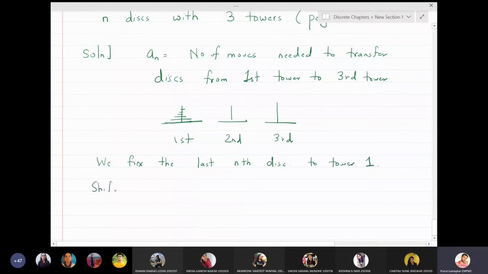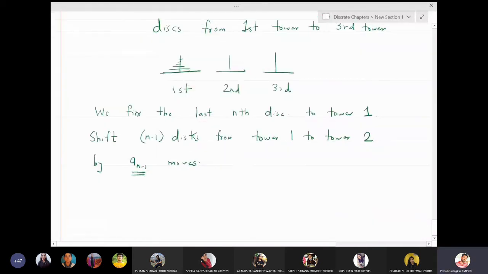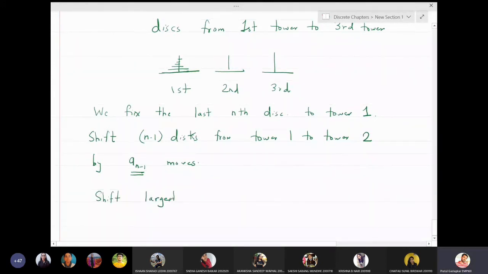Shift n-1 disks from tower 1 to tower 2 by an-1 moves. Shift the last or the largest disk from tower 1 to tower 3 by 1 move.